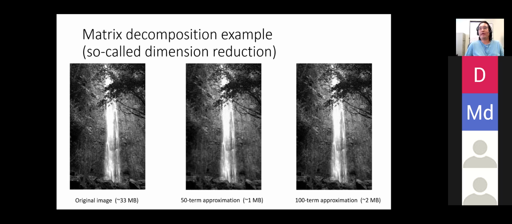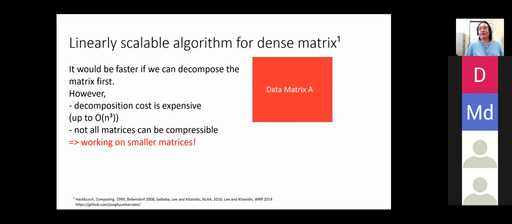And if you can compress this image or matrix, then you can probably achieve linear scalability or even sublinear scalability. But what is the problem with this kind of compression technology? The problem is the pre-processing step.